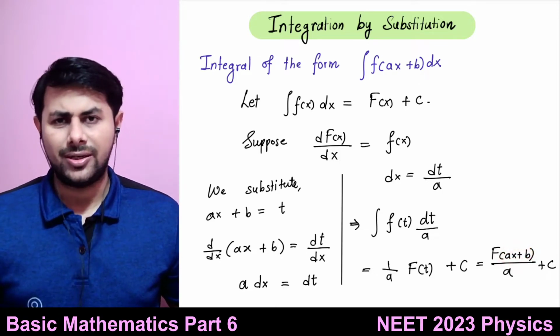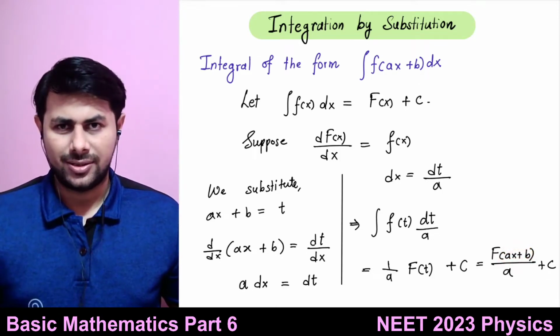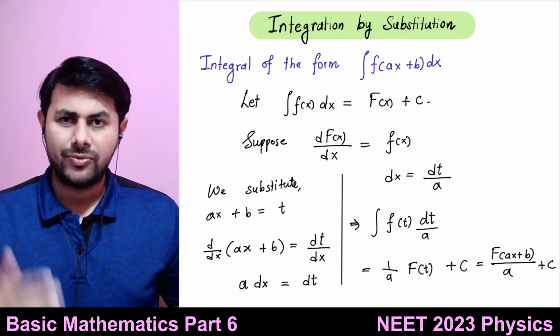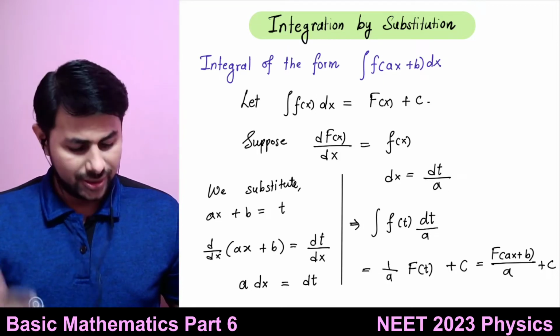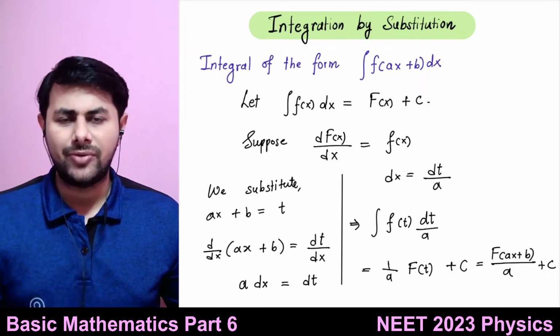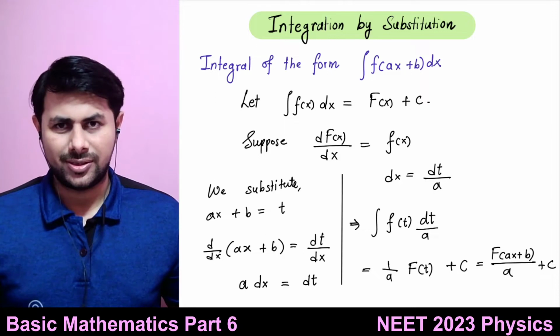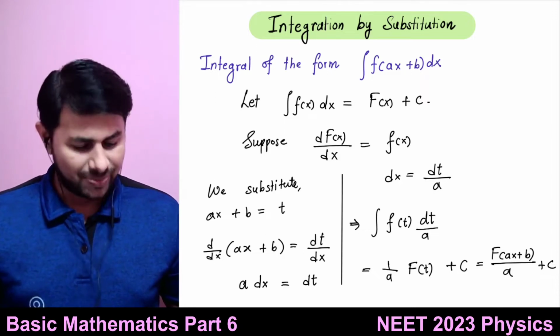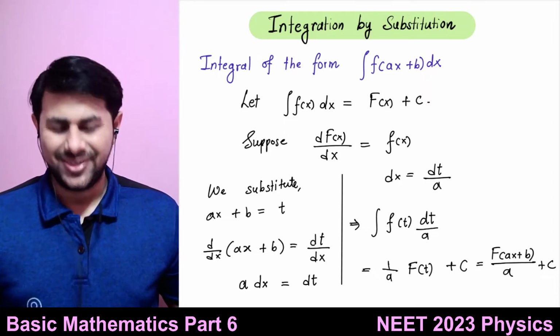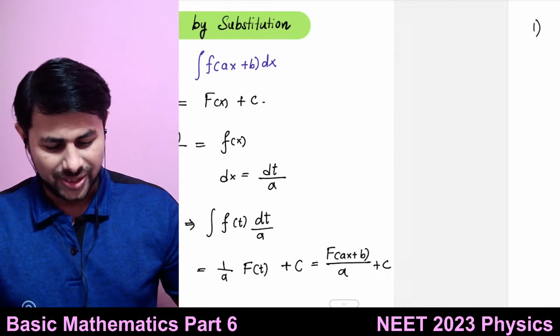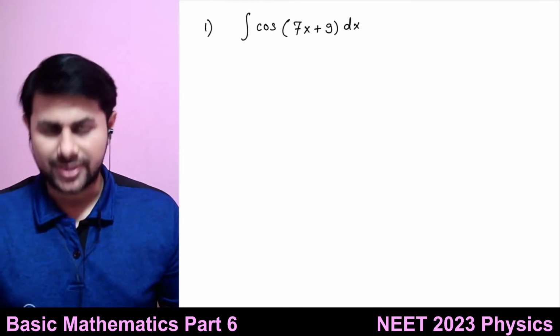We have done that day before yesterday, right? So in integration we divide by the term in the bracket. We do the reverse procedure. This is the chain rule applied inversely, right? So let's see examples so that you will understand it.